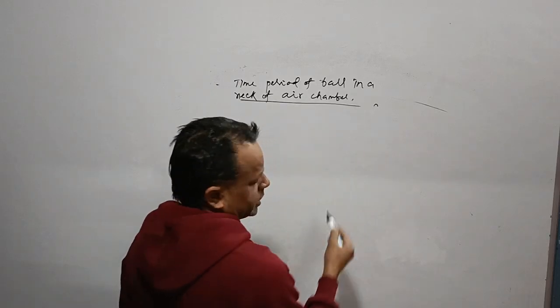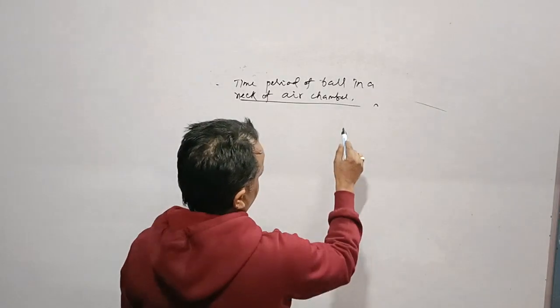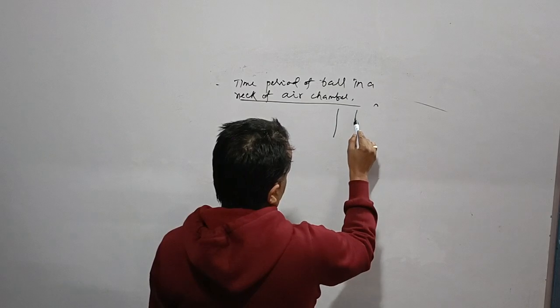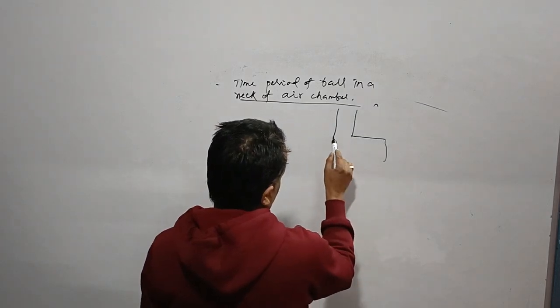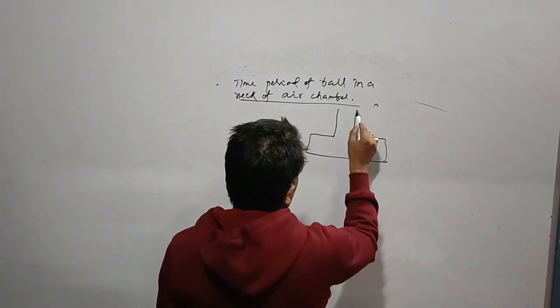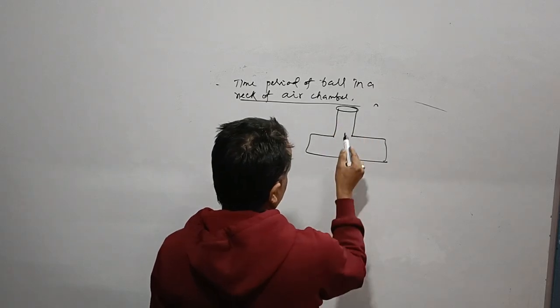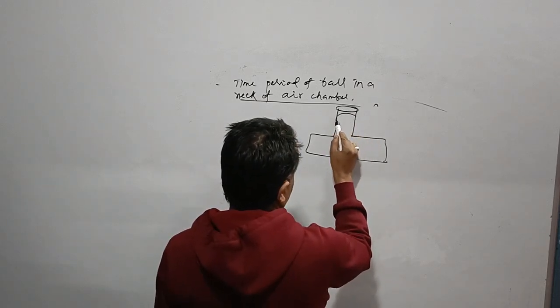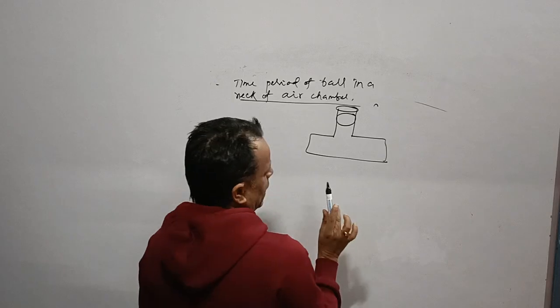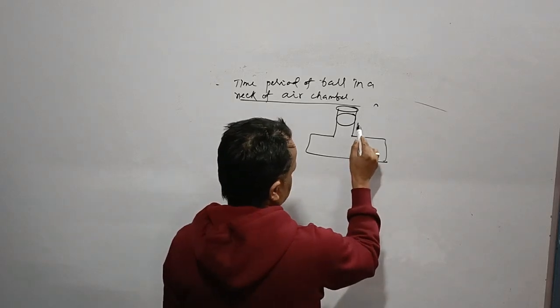In this case, let us suppose there is a cylinder which has a cylindrical opening over here. We have placed a certain ball over here. Now it is balanced, but let us suppose we press it by distance y.